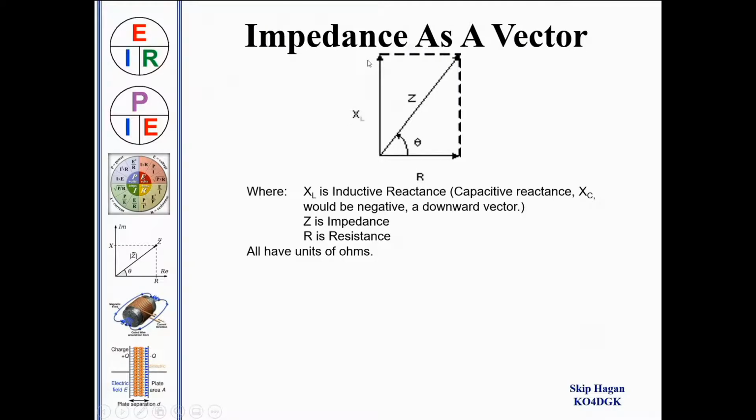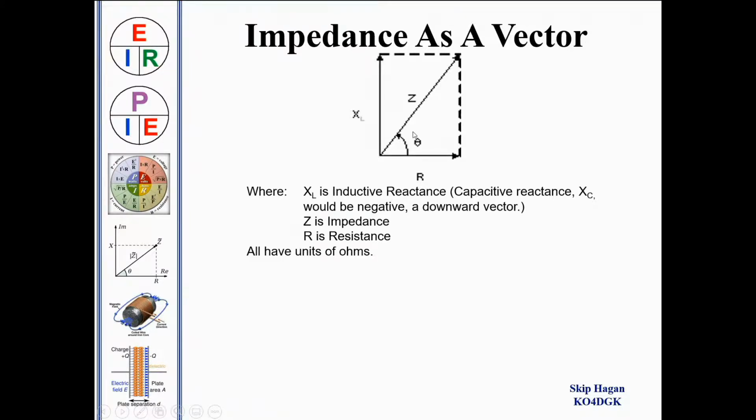So we have reactance on the vertical axis and we have resistance on the horizontal axis. If we have some value of resistance and go up from that point to where it intersects with the reactance value, right there is the intersection of the two values, and we have the hypotenuse of a right triangle, Z, which is our impedance.